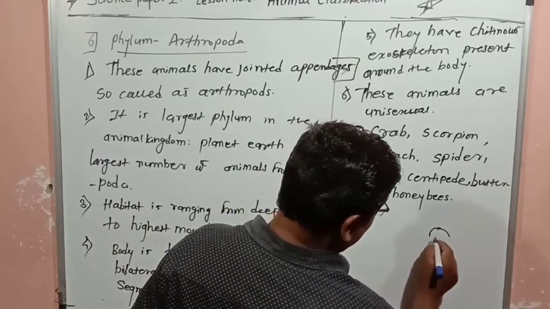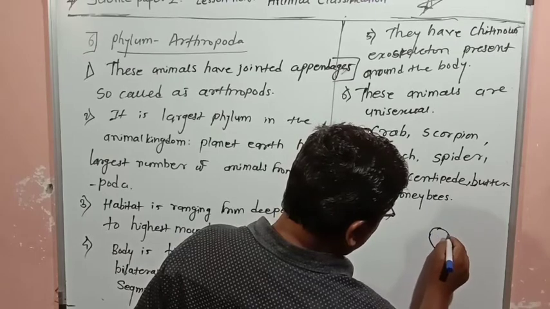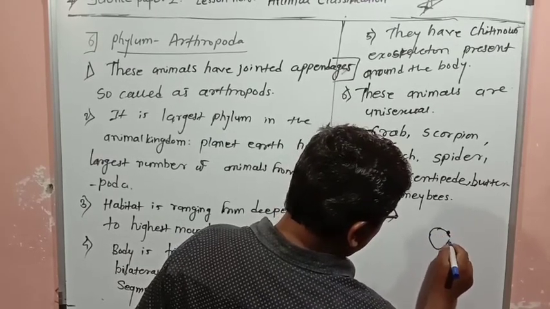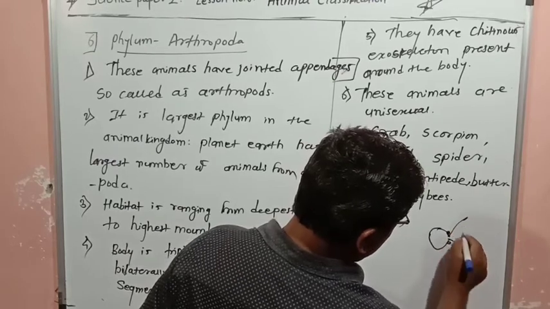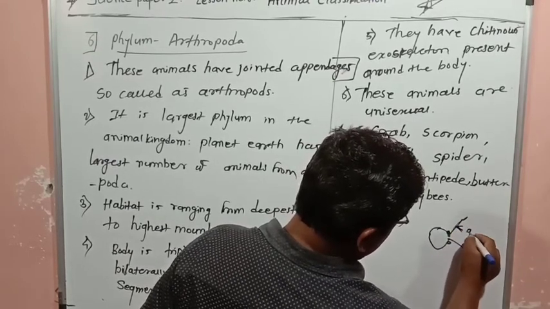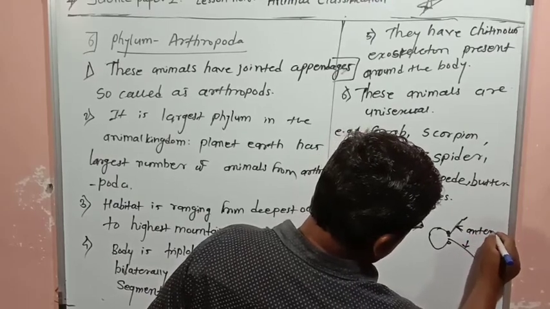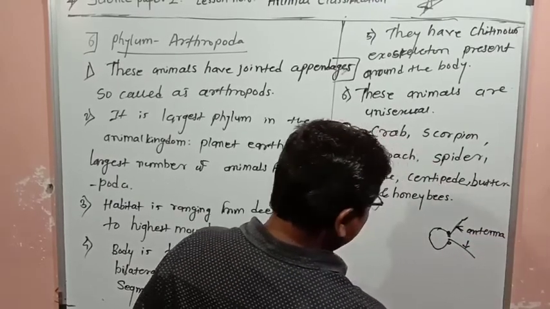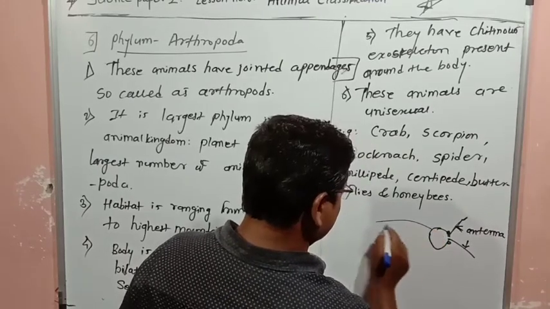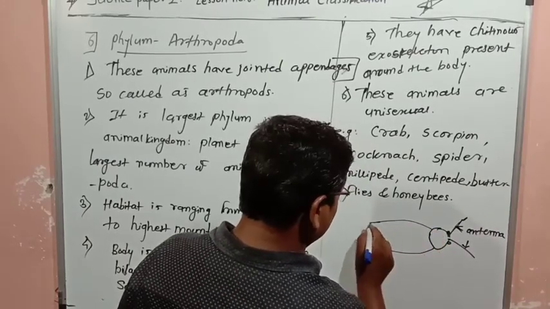Suppose you draw a cockroach like this. Here will be the antenna. Then after that you draw their body this way.